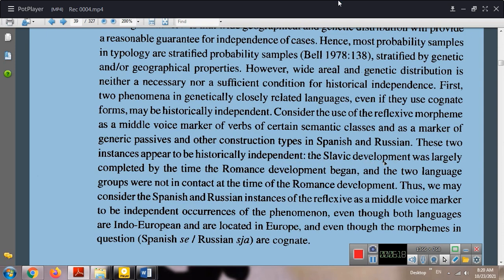The Slavic development was largely completed by the time the Romance development began. And the two language groups were not in contact at the time of Romance development.